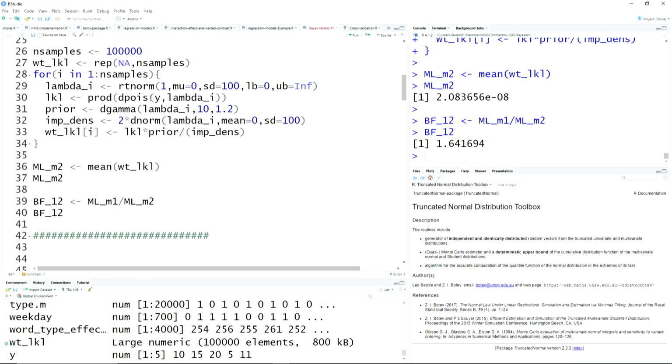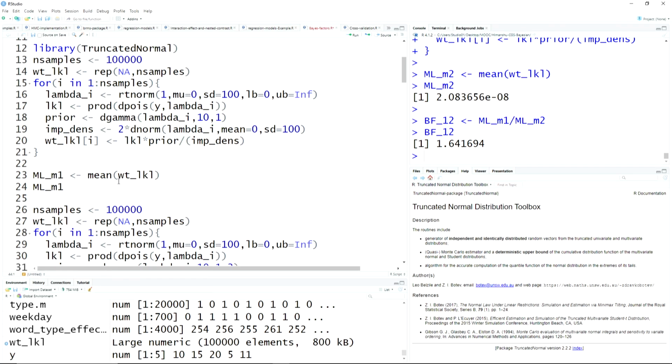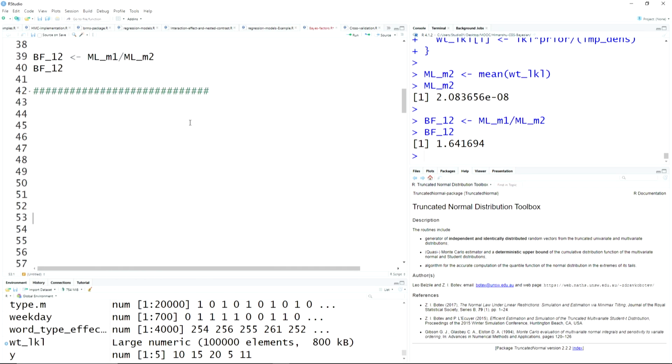And let us try an example where you can consider some hypothesis testing.